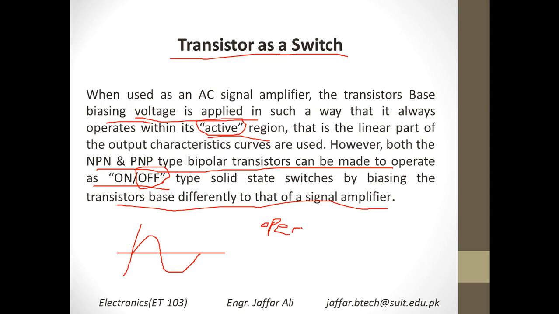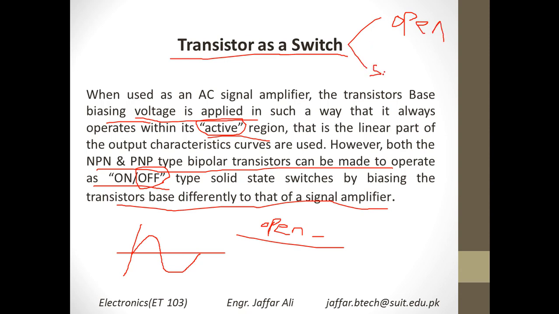You lose the establishment of the connection, so you get no current at all. That is where your off state comes, your cutoff state. At that state the transistor will act as an open switch. You know that there are two kinds of switch: one is an open switch, which does not allow the current to pass, and there is a closed switch.